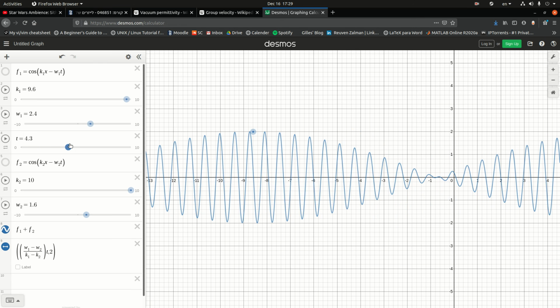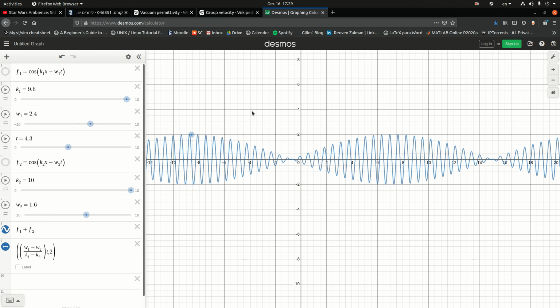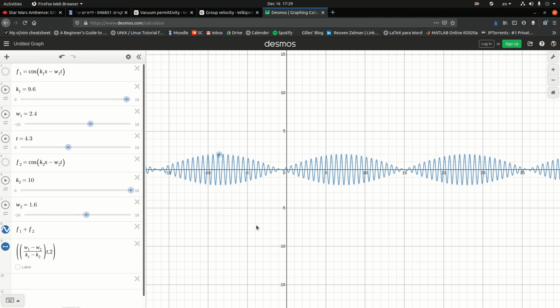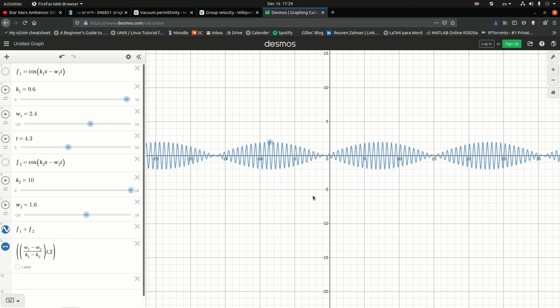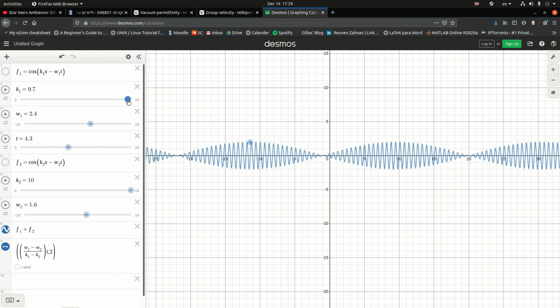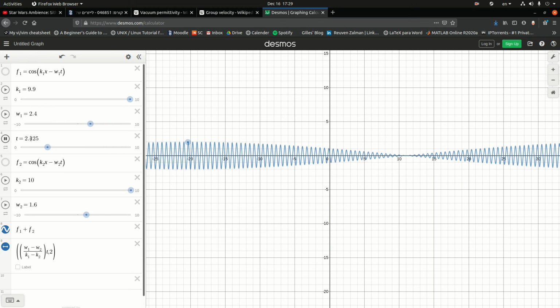Another point to consider is what happens if the k's are equal. Well, that's the case if they're almost equal.